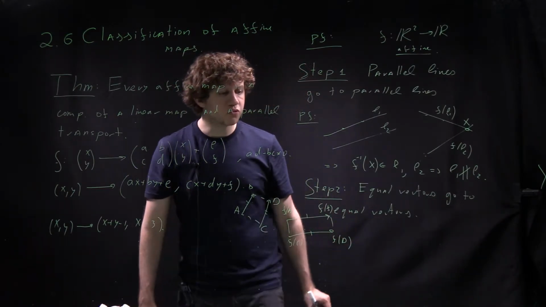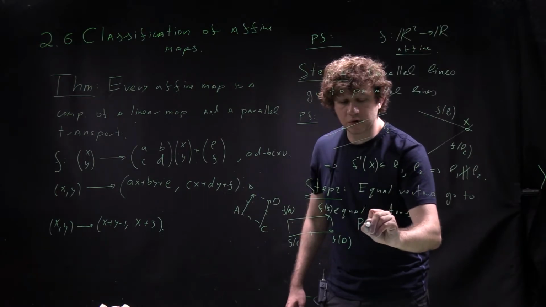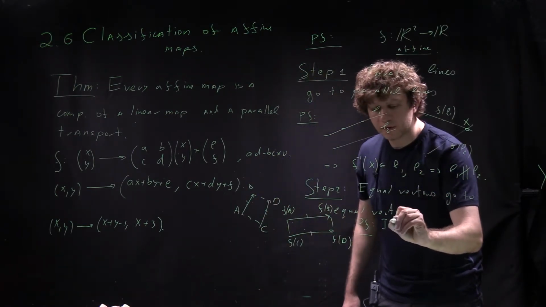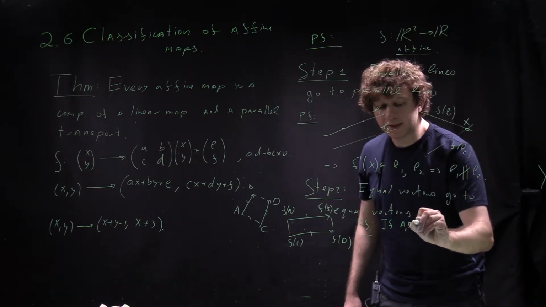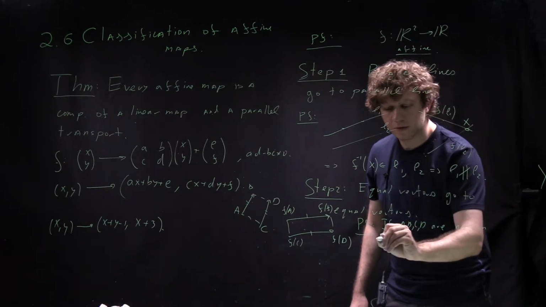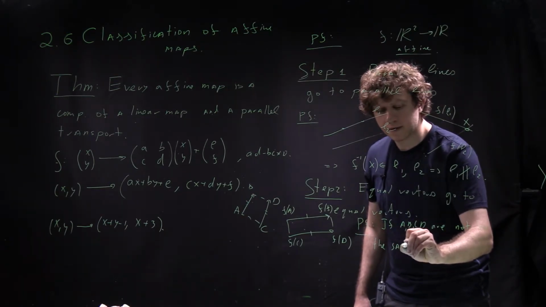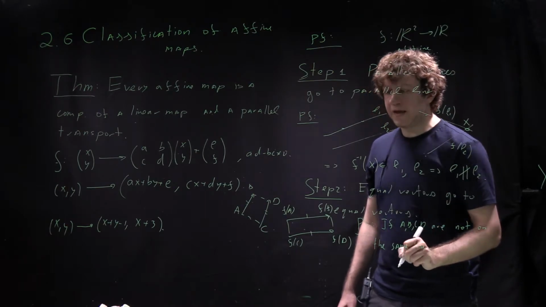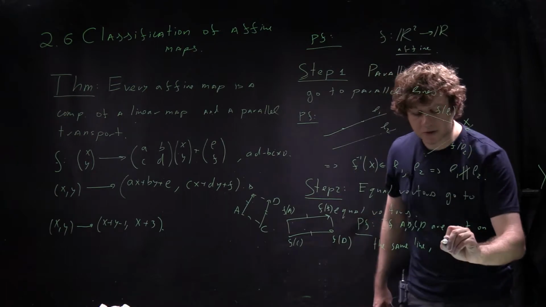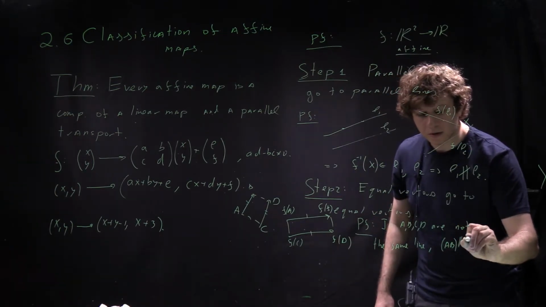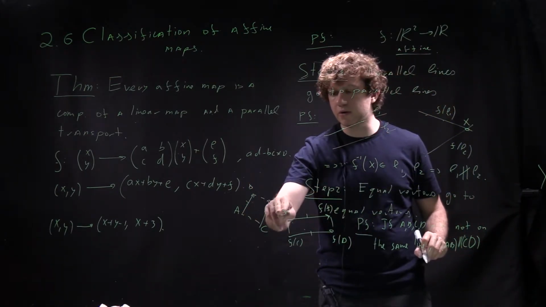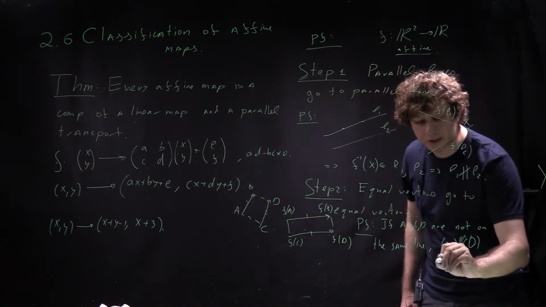So the proof is as follows. First assume that points A, B, C, D are not on the same line. Then that's really easy, because we know that AB is parallel to CD, but also we know that the vectors are equal, so this is a parallelogram, so AC is parallel to BD.